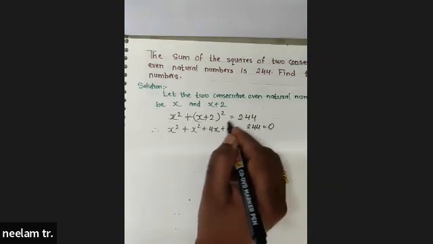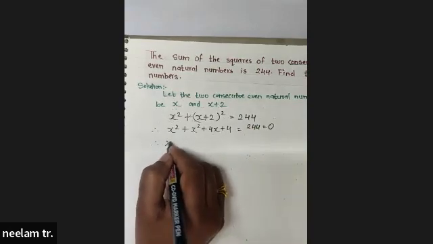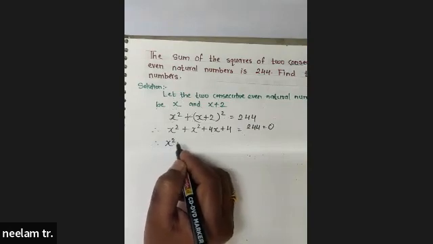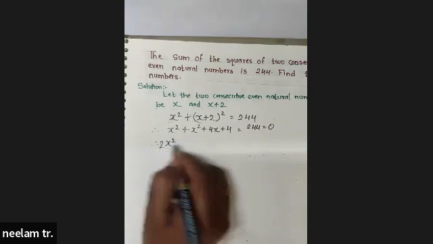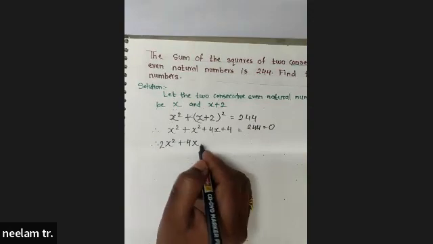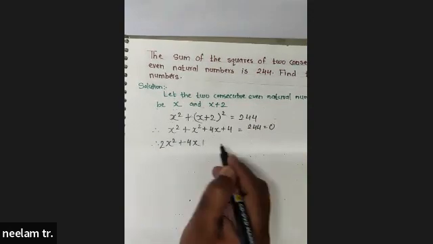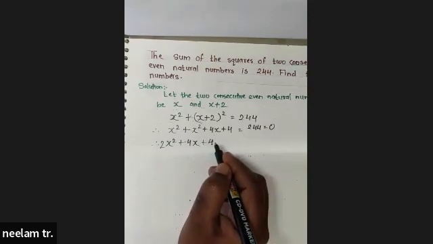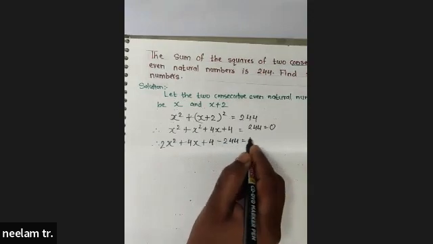Okay, now I will bring this to the left hand side to make it a quadratic equation. That is an x square, x plus x, 2x, so 2x square plus 4x plus 4, and minus 244 I will bring over, is equal to 0.